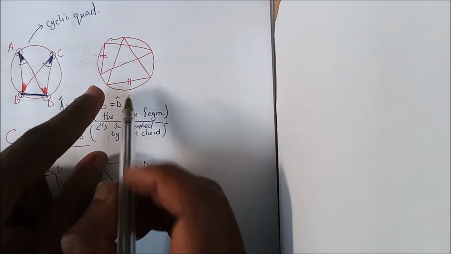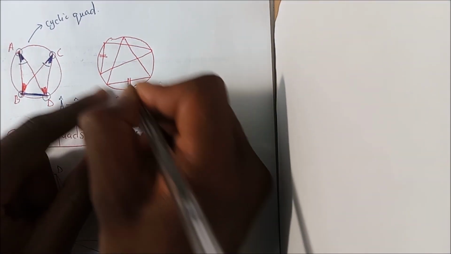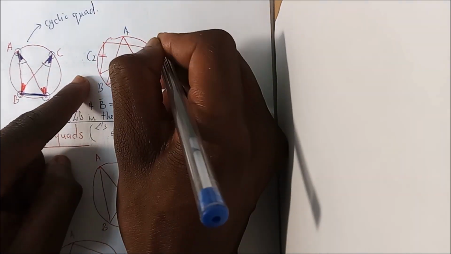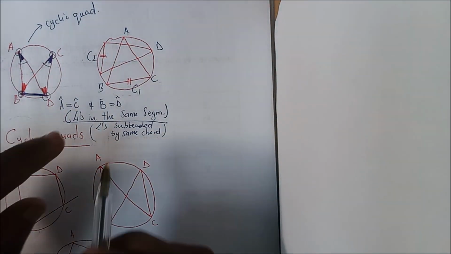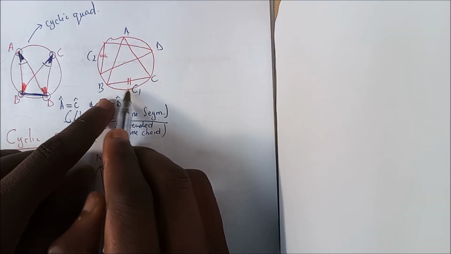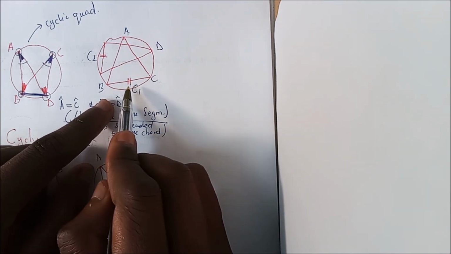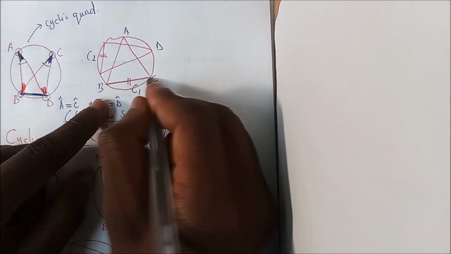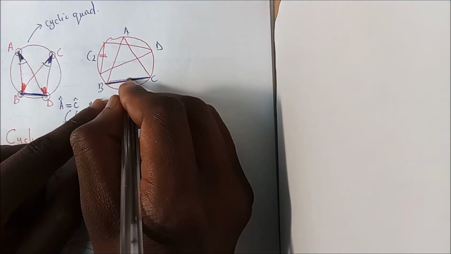So now, if you look at this chord, let's call it chord 1 and then chord 2. Let's put some numbers in there. Chord 1 subtends which angle? You just go straight opposite to the angle opposite this side. Which angle is opposite to this side?